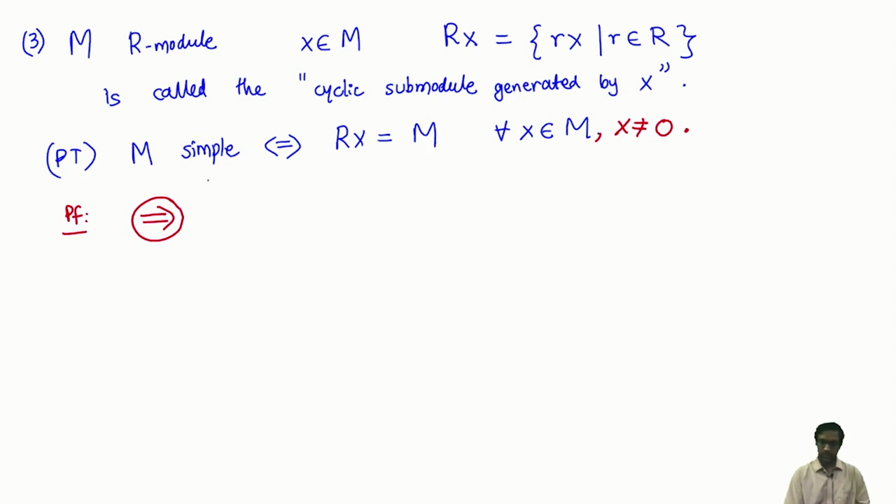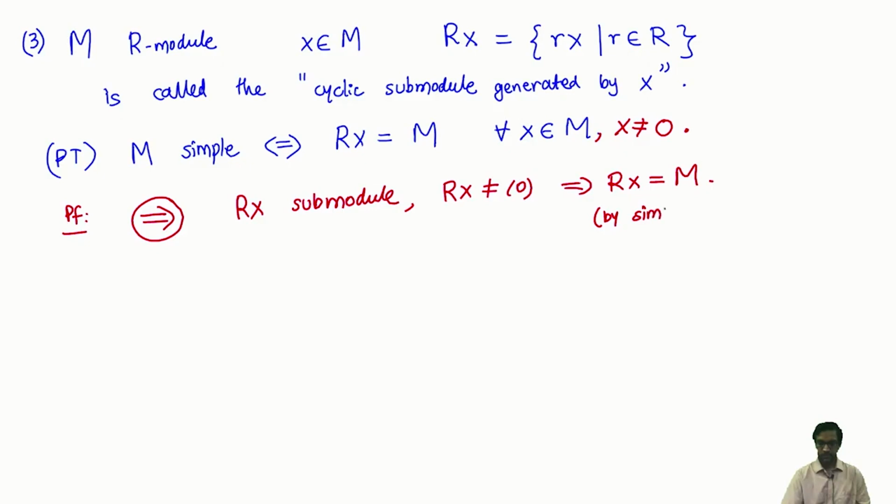So if M is simple, then Rx is a submodule and Rx is not 0, because I have chosen x to be not 0. Therefore, Rx had better equal the whole, because there are no other submodules. So this is by simplicity of M.